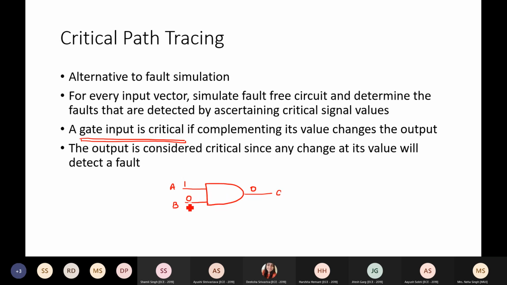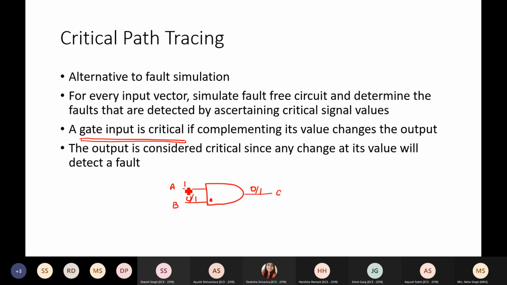We will say that B is critical to this AND gate because if I change my value on B and make it 1, then I expect my output to change. Output C जो है वो 1 हो जाएगा. Therefore, I mark this input with a dot and say this dot indicates that of the two inputs, this B input is critical. A critical क्यों नहीं है?